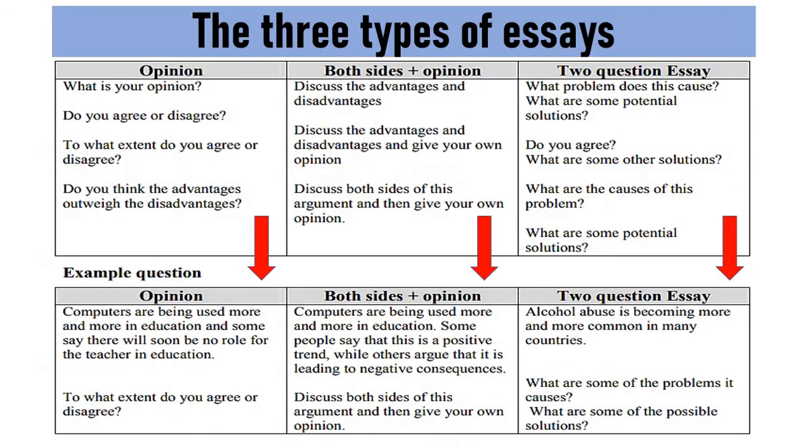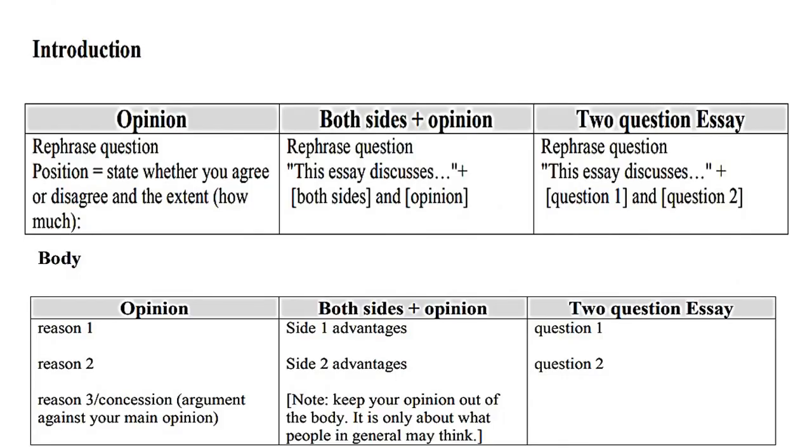So let's start. How are you going to write the introduction, the body, and the conclusion of these different types of essays? Let's start with the opinion essay. It says here, rephrase the question, or as we say, paraphrase the topic and the question.